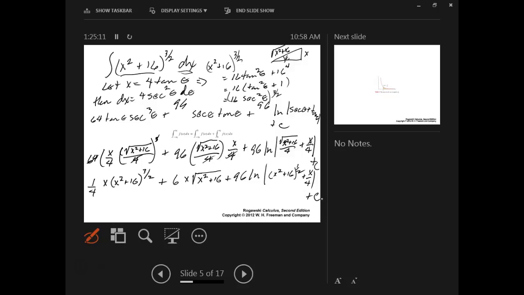And then they left off the over 4 in the secant theta. And I do not see how they did that.